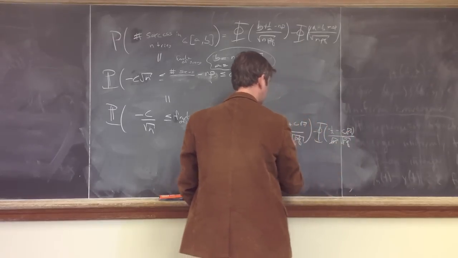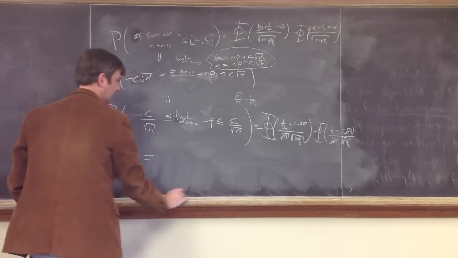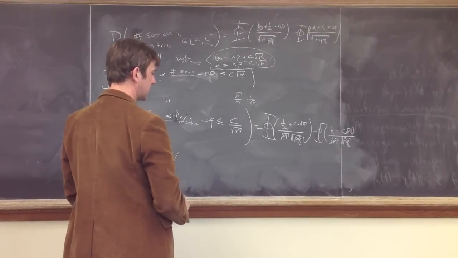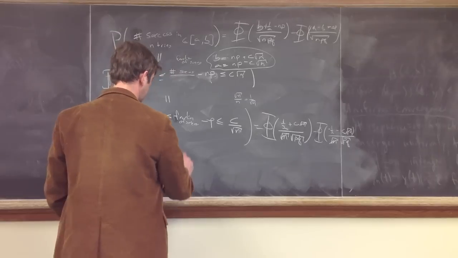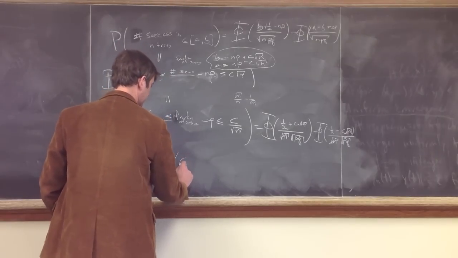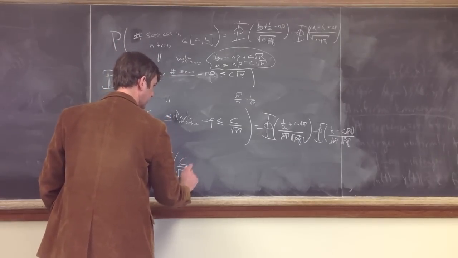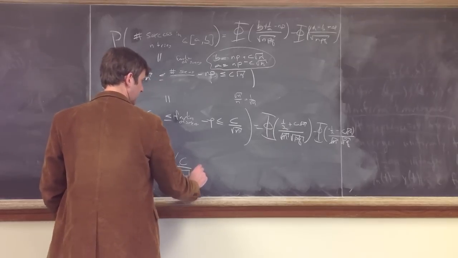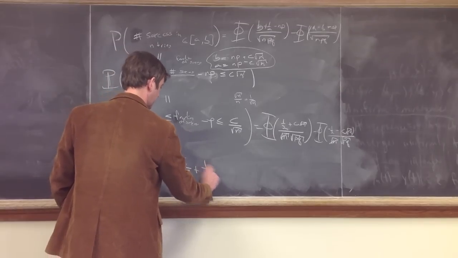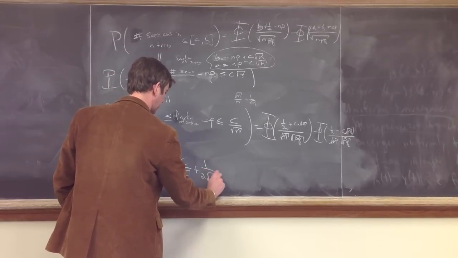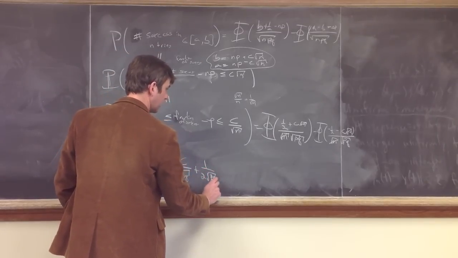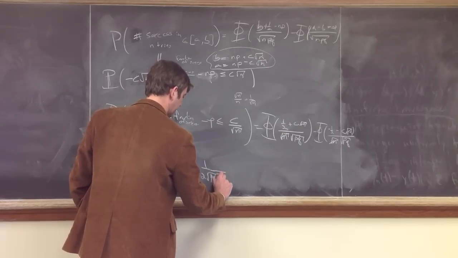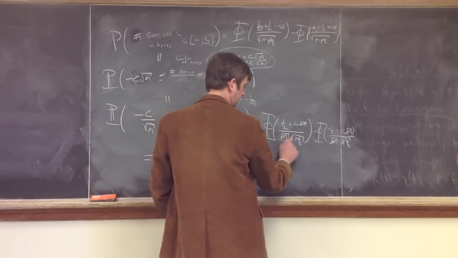Now the square root of n in both of these cancel, and I'm left to discover that this is approximately phi of c over square root of pq plus 1 over 2 square root of pq n, because when I wrote that the n's canceled, I really only meant they cancel from here and here.